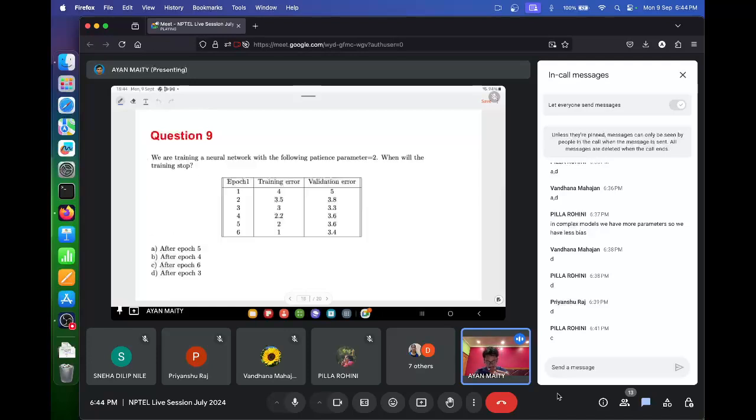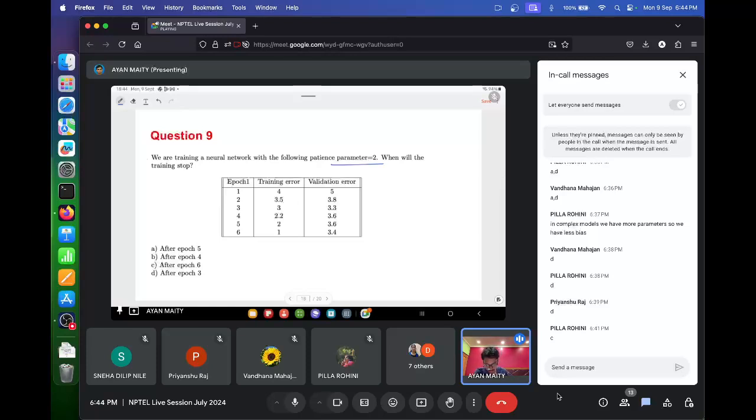Now question 9. We are training a neural network with patience parameter equals 2. So we are using the early stopping regularization technique with patience parameter equals 2. When will the training stop?